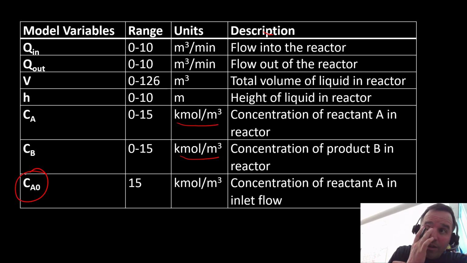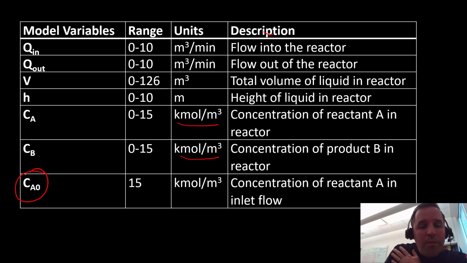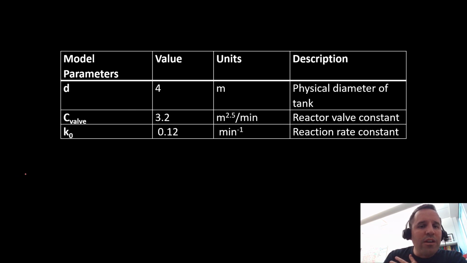That's going to have a nominal value of 15 kilomoles per cubic meter. We're also going to use some of the same model parameters from our gravity drain tank model, but we will introduce a new parameter, K0, which is the reaction rate constant for this first order reaction. So as we develop the model, this is where we're pulling this data from.